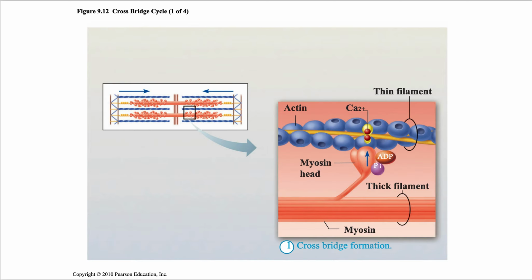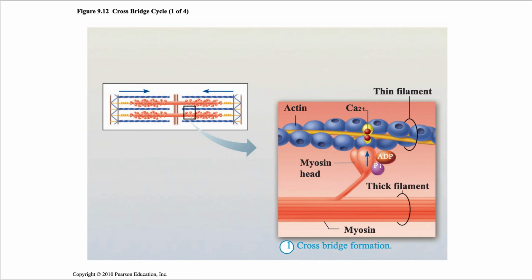So this is going to happen repeatedly, because it's almost like these arms are grabbing, pulling, and as they're pulling, these blue actin filaments are going to be pulled in, and this sarcomere, which is the contractible unit of the myofibril inside the muscle fiber, is going to be pulled in and contracted. So what will happen is you have an energy molecule called adenosine triphosphate, ATP, that has bound to the myosin head.